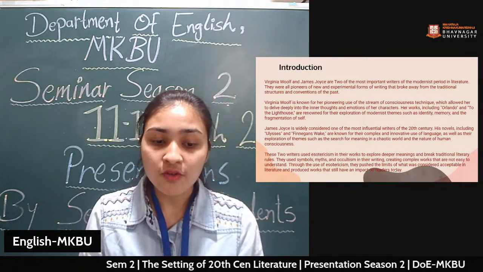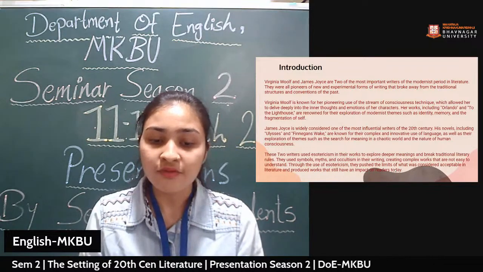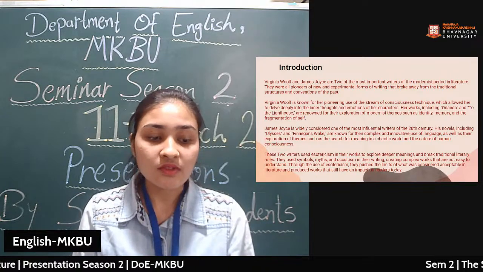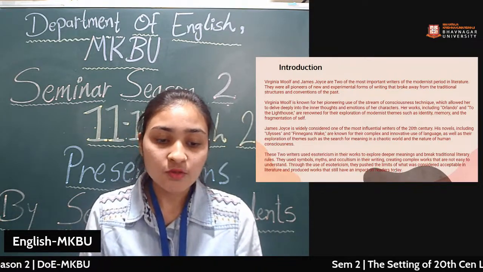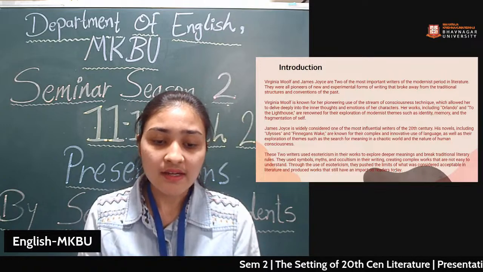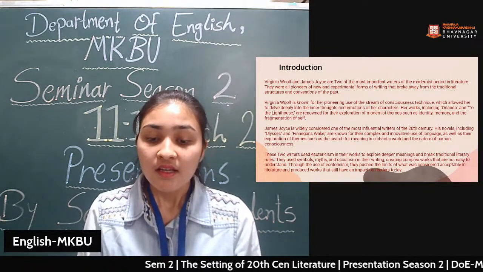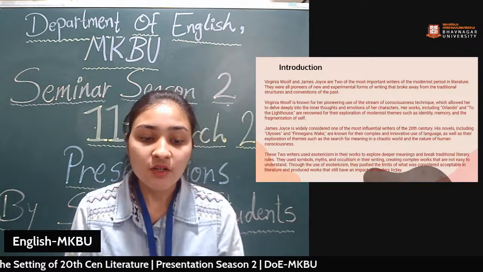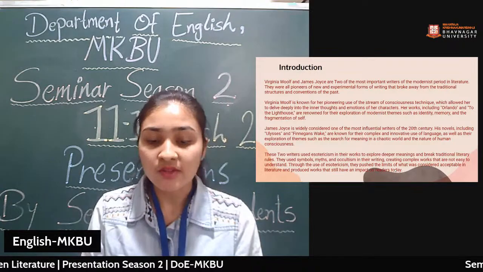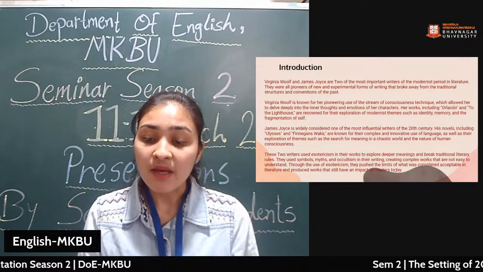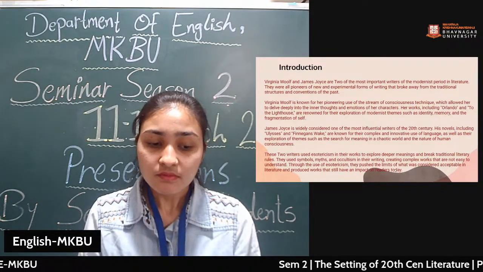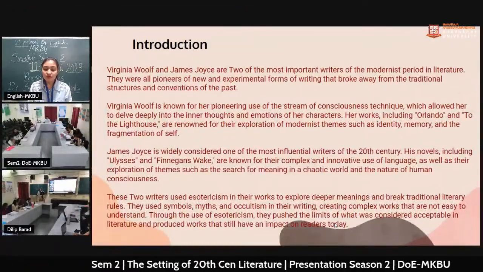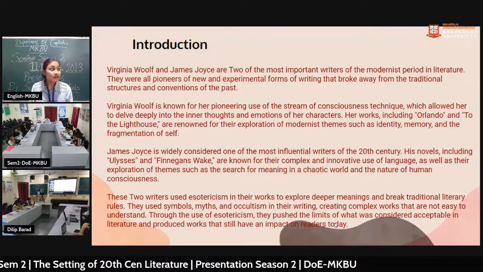Virginia Woolf is known for her pioneering use of the stream of consciousness technique, which allowed her to delve deeply into the inner thoughts and emotions of her characters. Her works, including Orlando and To the Lighthouse, are renowned for their exploration of modernist themes such as identity, memory, and the fragmentation of self. James Joyce is widely considered one of the most influential writers of the 20th century.